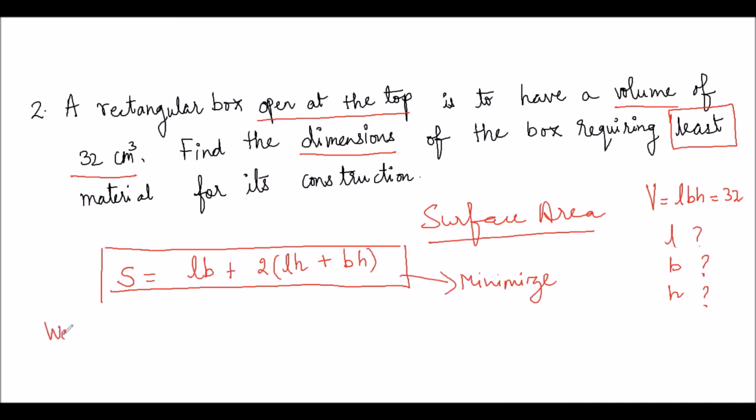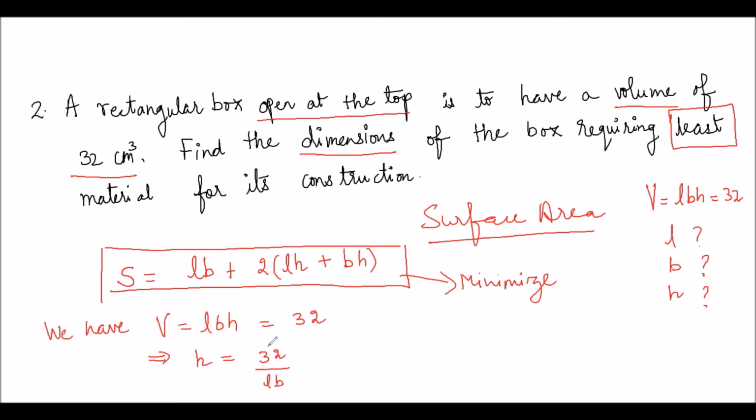We have V, which is LBH, as 32 centimeter cube. So from here we can find out height, and this height will be 32 upon LB.